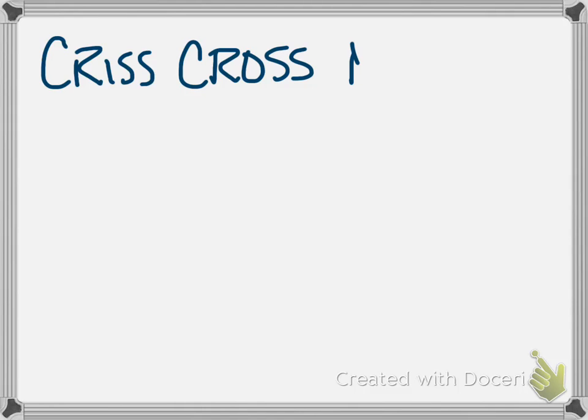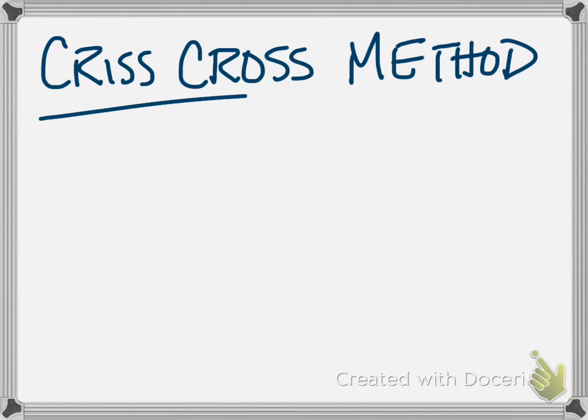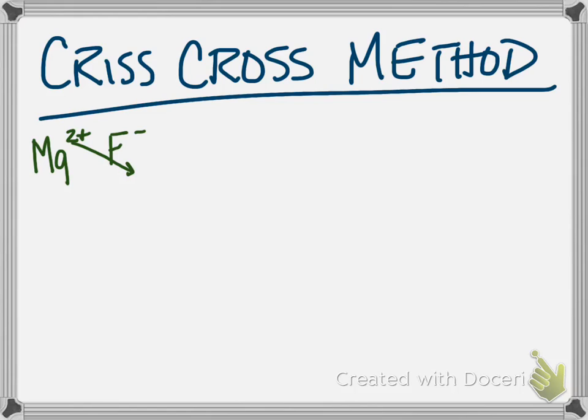The crisscross method is just a trick on how to write formulas. What you do is you write your ions with their charge, and then you crisscross those charges. Now we know that when we write subscripts, those aren't actually charges, and that's why this is just a trick. So you're not actually crossing the charge, you're crossing the number that's associated with the charge.